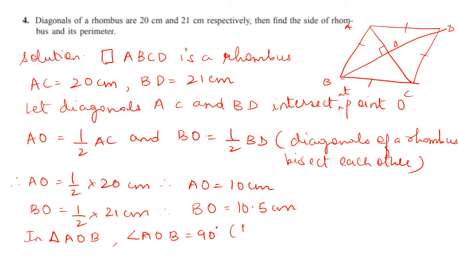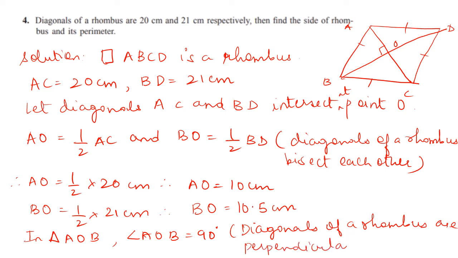Why? Because diagonals of a rhombus are perpendicular to each other. So that means angle AOB is 90 degrees.